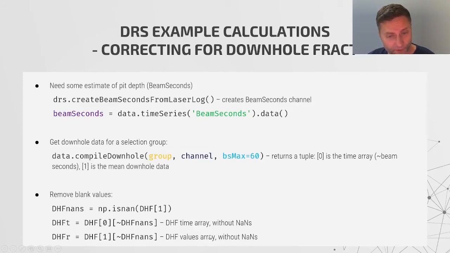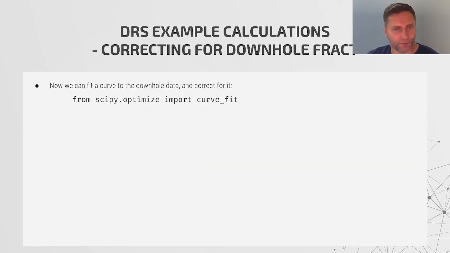So that will get rid of the nans by using these 3 lines here, and then we're ready to fit some model to that so that we can correct for it. First thing that we want to do is import from SciPy their curve_fit function, and this will automatically try to fit a line to it, and it will give us some estimate of the quality of that fit as well if we want to use that.